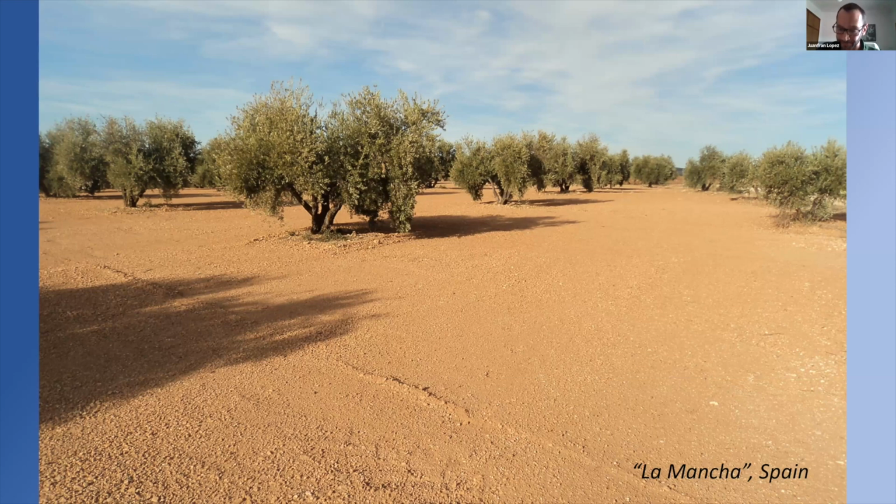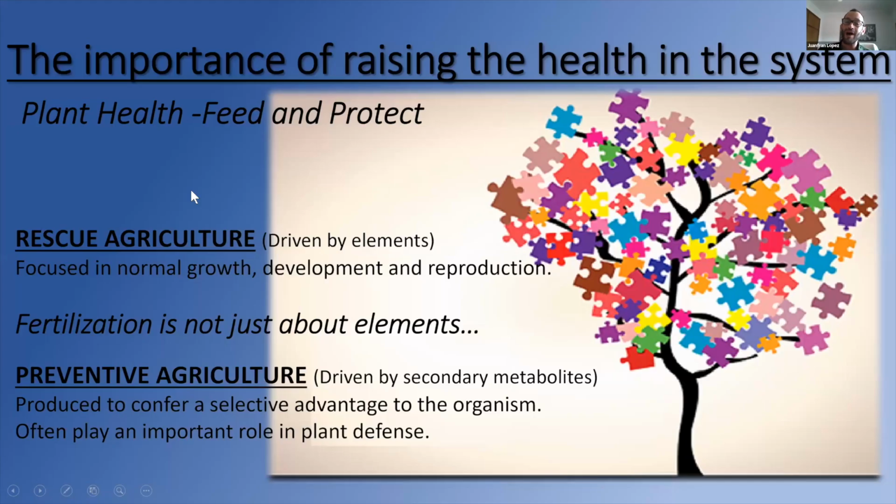These systems are not healthy and are kept alive over time through subsidies, through a lot of benefit from the government. So why do we need to understand the difference between the conventional agriculture, which I call here rescue agriculture, and the preventive approach? Rescue agriculture is when you have a problem, a pest or disease, and you treat that problem afterwards.